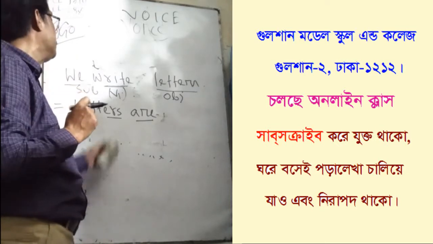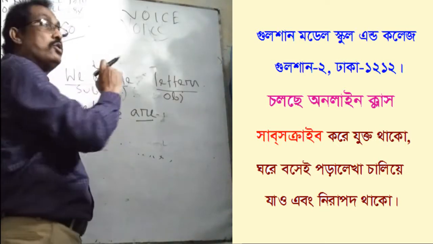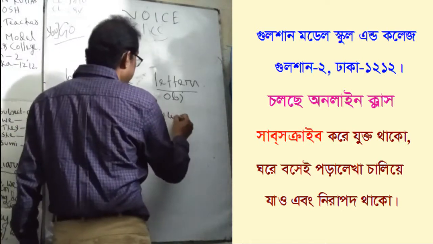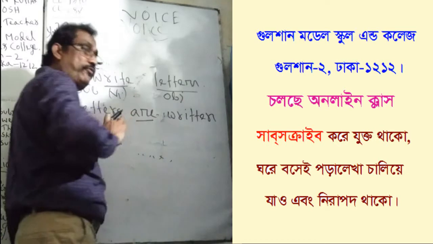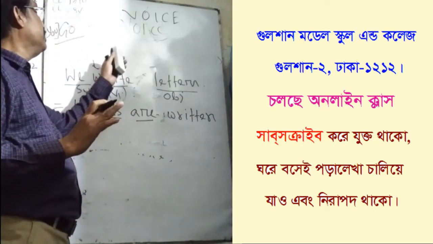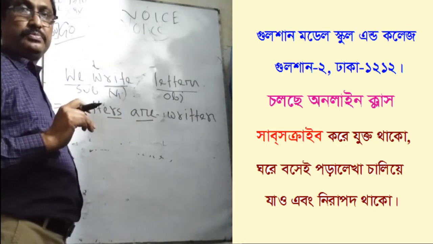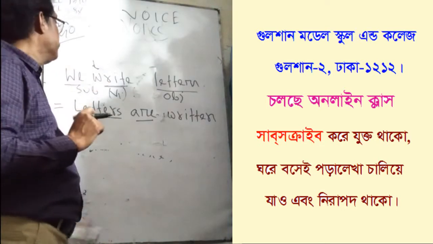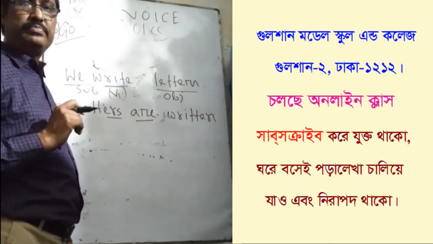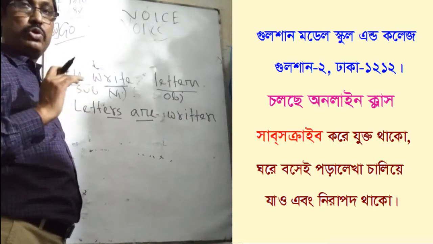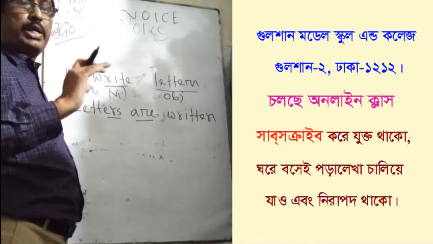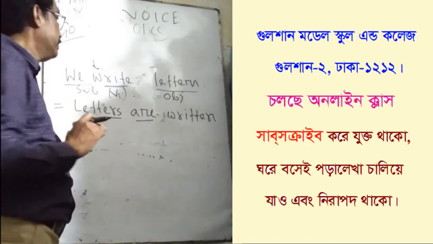Past participle form means B3 form. Write, wrote, written. In all forms of changes in voices, you have to use the past participle form all the time.